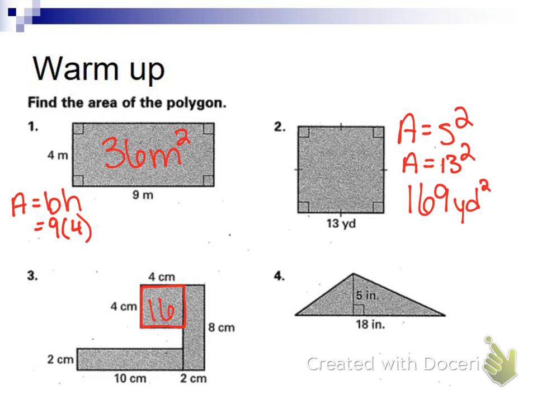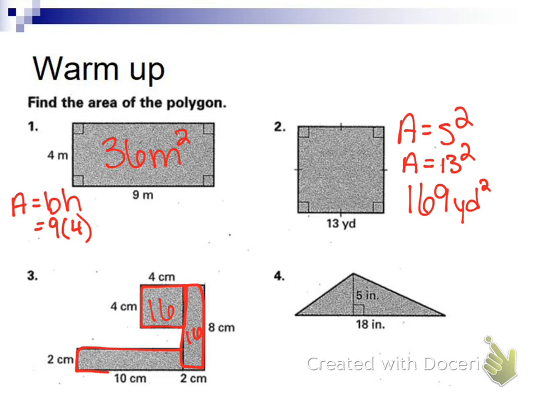Then let's move over and do the one on the side. Who can help me out with the one on the side? Ken? Base times height, so what do I get? 16. Also 16. 8 times 2 also gives me 16.